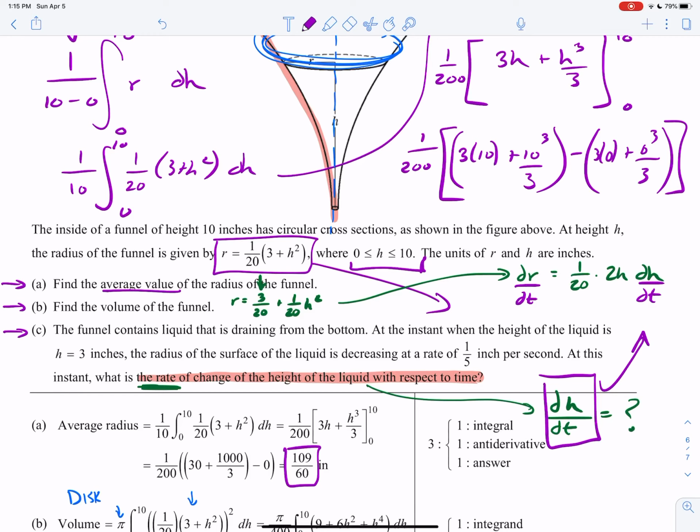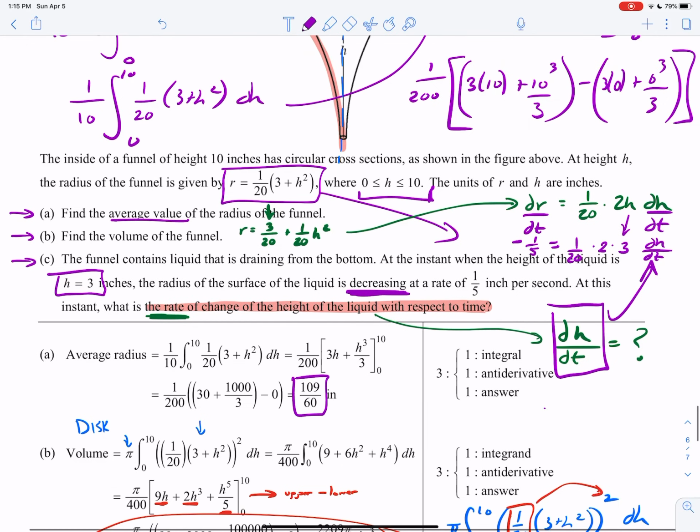Okay? So they tell me that h is 3 and that dr dt is decreasing. If something is decreasing, then its derivative is negative 1/5. This becomes just solving for a variable here, okay?